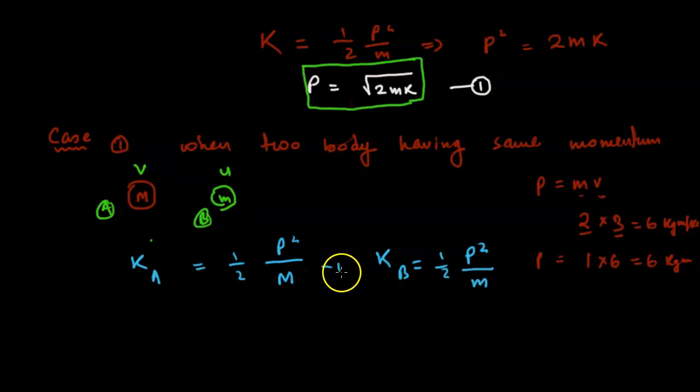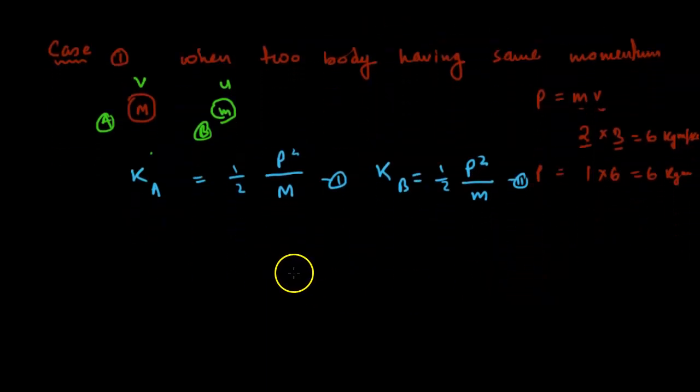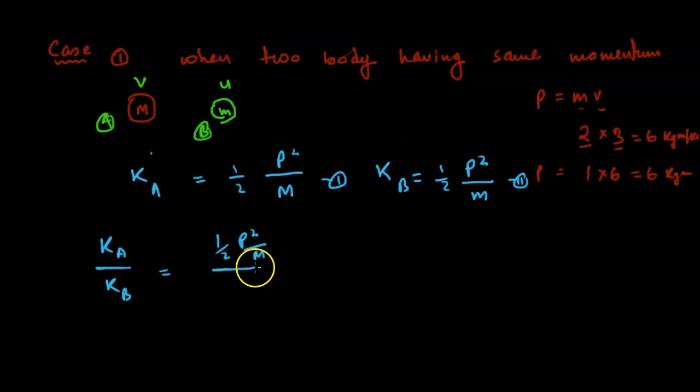Now this is equation 1 and this is equation 2. Now we will divide these equations and try to understand what will happen. So KA upon KB will be half P square upon M upon half P square upon small m. We can cancel these. Now the equation will come like this.